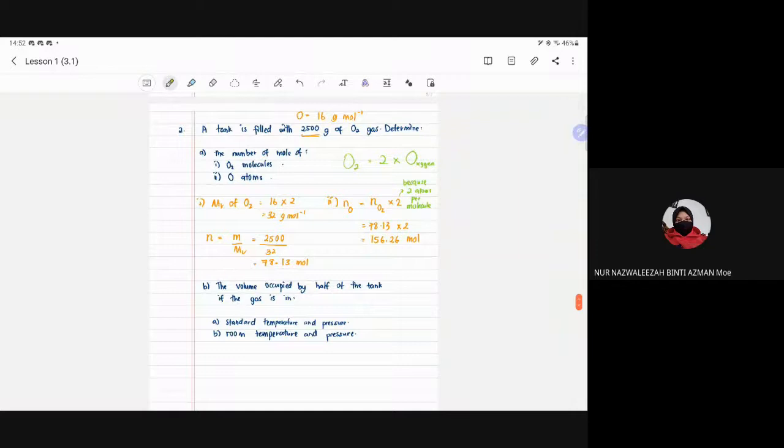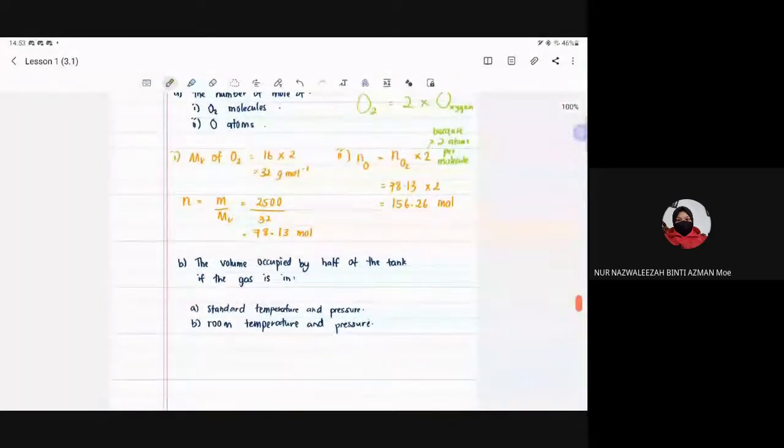Okay, B. The volume occupied by half of the tank if the gas is in A, standard temperature and pressure, B, room temperature and pressure. So, try to answer this now. Again, I give you another 5 minutes untuk try soalan ini. Saya tulis kat tepi. STP sama dengan 22.4 dm cube per mole.